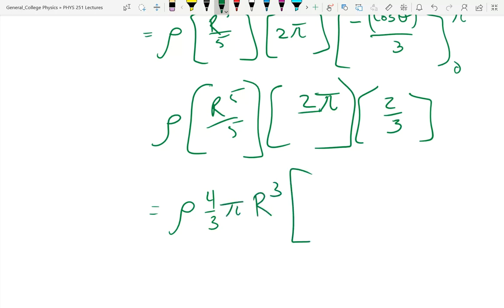I'm factoring out rho 4/3 pi r cubed. The reason I'm doing that is because that's mass. And what I'm left with is an r squared there and a 2 over 5.